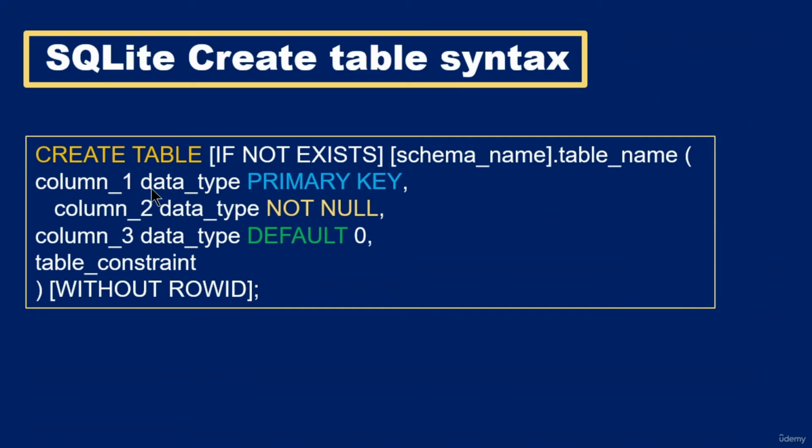That means any value that enters this column has to be unique. Also here I've got another constraint called default. So constraints are quite useful to apply certain rules to the data in your table.